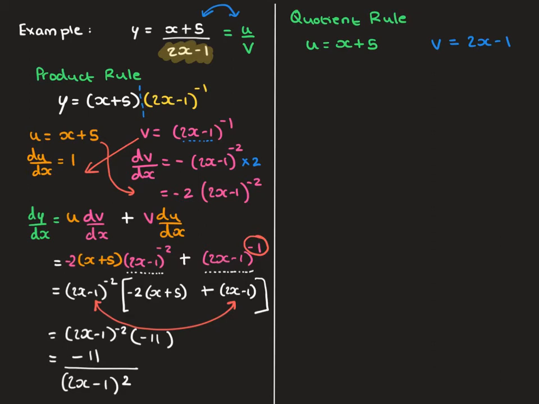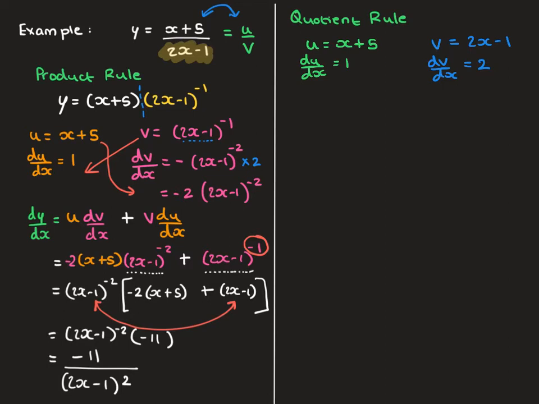Now, let's differentiate these parts here. So du by dx is equal to 1, and then dv by dx is equal to 2. So the differentiation is even simpler because we're only differentiating v as 2x minus 1. So it's a much, much simpler piece of differentiation.